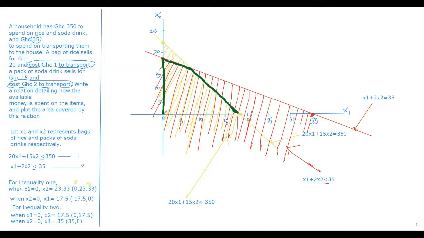So then within this place will be the shaded region. So this region is what we call the feasible region.